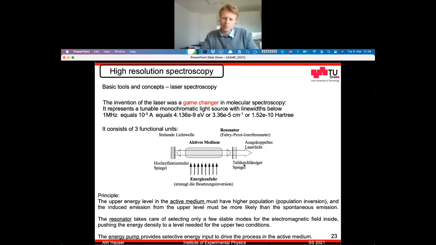So you take some fraction out of the system, but you can't take everything out, because you need to have the effect of population inversion present in your active medium. So you need a certain amount of photons circulating, going back and forth between your resonator walls, right? But you can take out some energy.